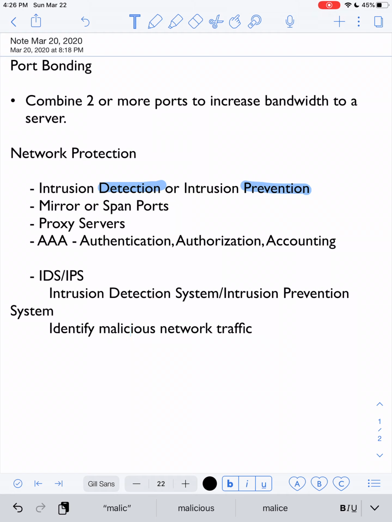Malicious. They can identify malicious traffic. So when we talk about IPS, IDS, that's what they're trying to identify, the malicious traffic. There are two types of IDS systems.